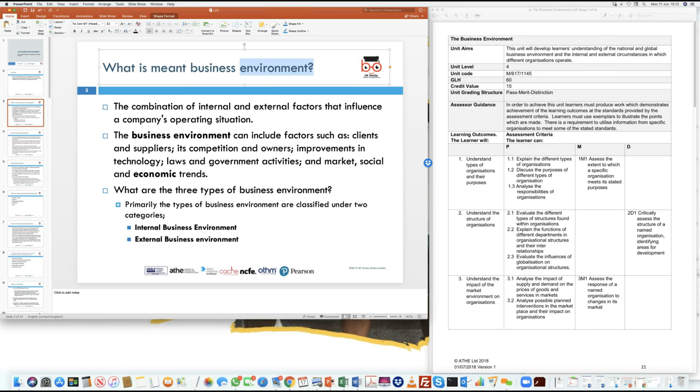Because after 20 burgers you do not have the inventory, you do not have more raw material to make burgers. So the moment you sell 20 burgers, you close the shop and you go home. So when you decide what you are going to sell and how much you are going to sell, this is something which is within your control, or in the internal control of the business.